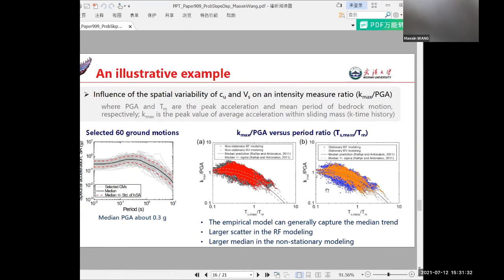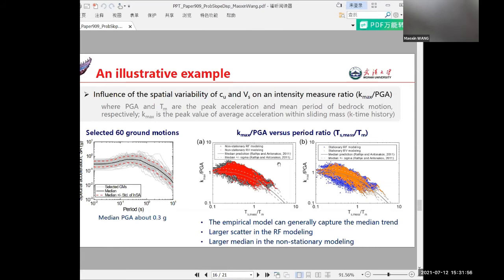Then we investigate the influence of spatial variability on Kmax divide PGA. 60 acceleration time histories with median value of 0.3 g are used in the analysis. We include the empirical model proposed by Professor Rasaji to compare with our obtained random data.